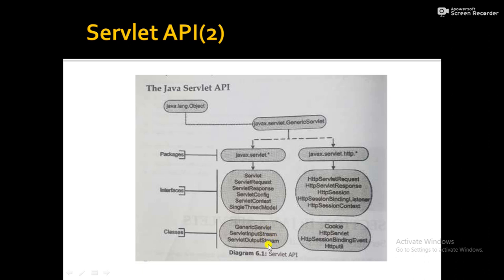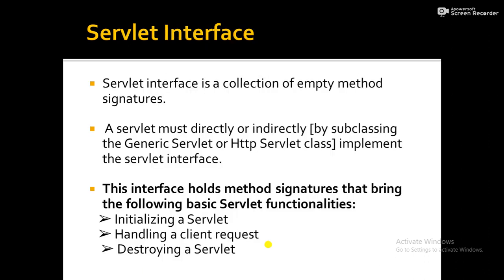Then servlet interface. Here is the next point of servlet interface. It is a collection of empty method signatures. Interface is nothing but a particular bridge which helps us to develop a better, dynamic web application.